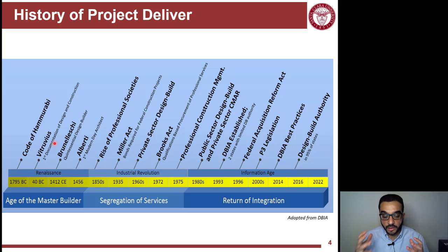So he was not even an architect, but he got a lot of building experience, and he was the architect of one of the biggest domes, if not the biggest dome in the world, Brunelleschi's Dome in Florence, Italy.